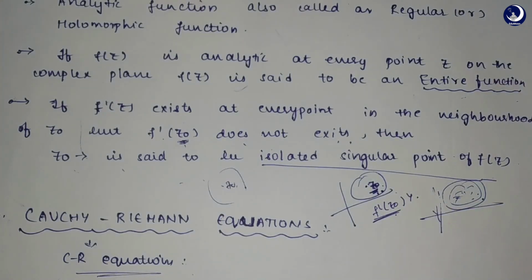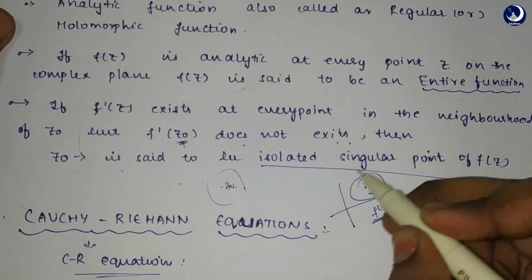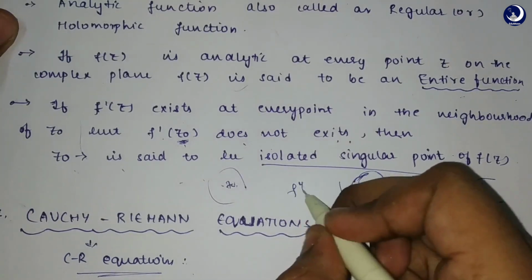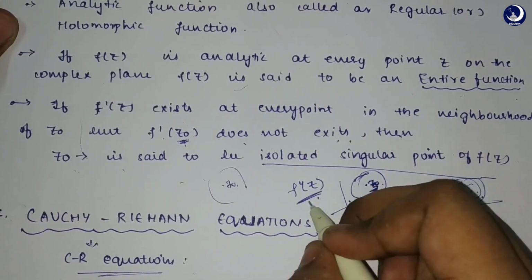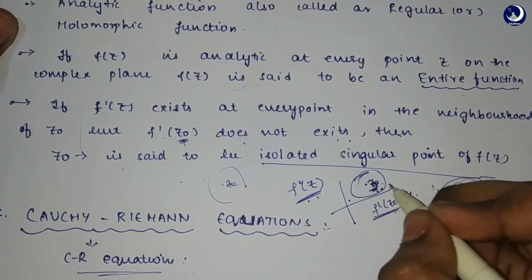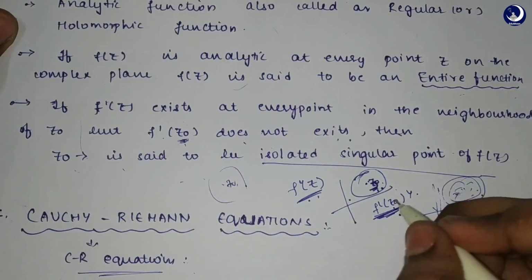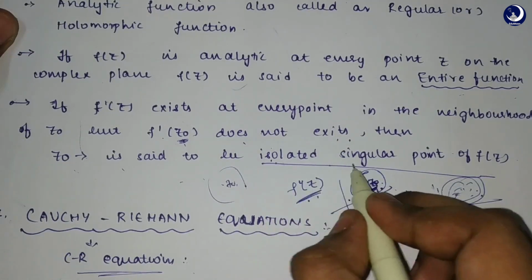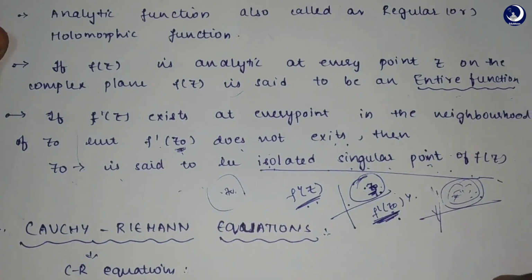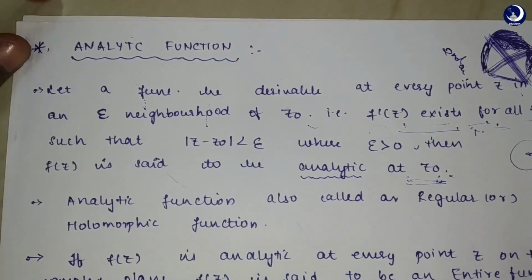You are about to find the derivative for a particular point z naught in a region. If this derivative function exists in the neighborhood of this point, but at that point the derivative does not exist, then this point is called an isolated singular point of f of z. We'll do problems in the next video.